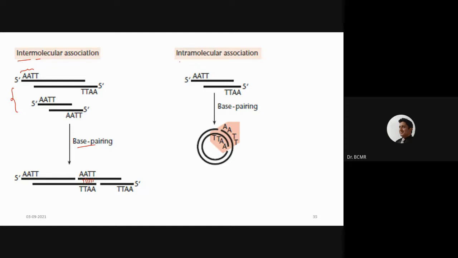Intramolecular means within the same molecule, where the same DNA molecule could twist around and form hydrogen bonds. When we mix, that is what will happen. Hydrogen bond formation is reversible in DNA, in water; they form and break and form and break. It depends on several conditions.